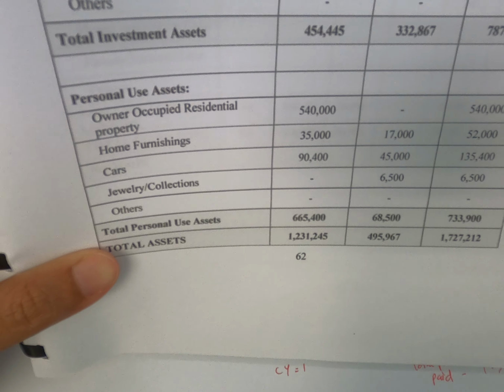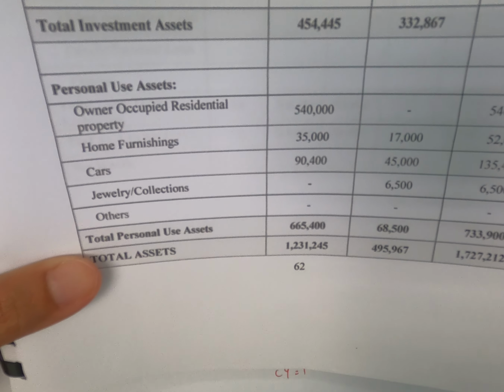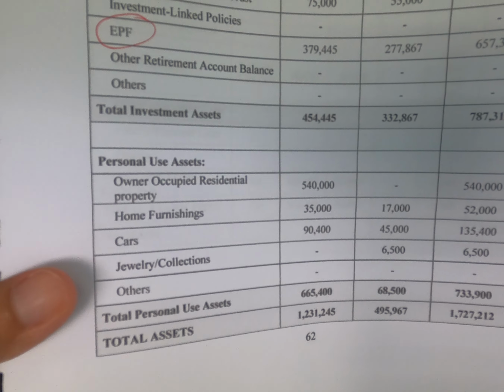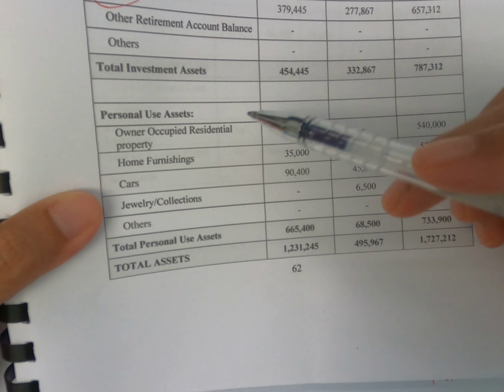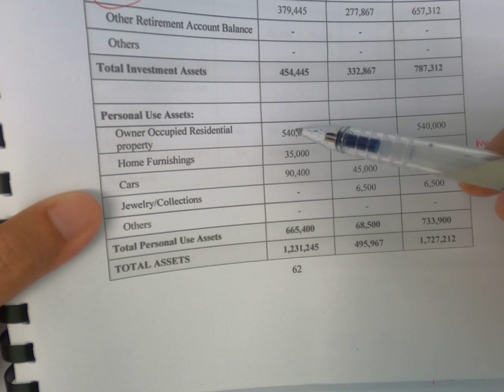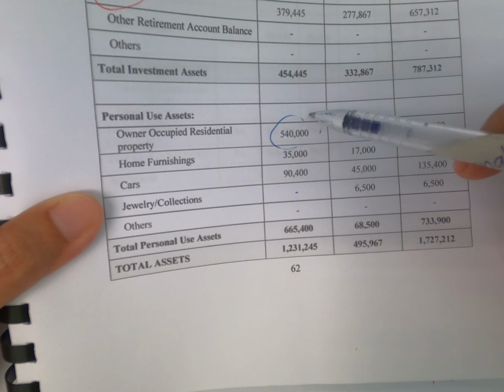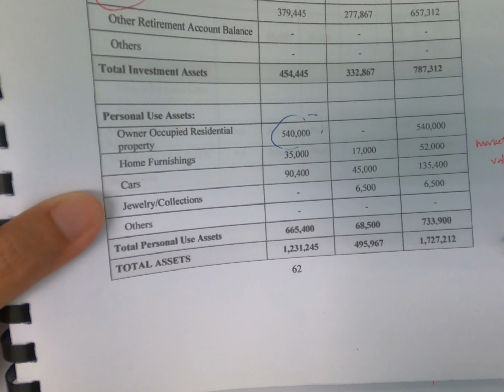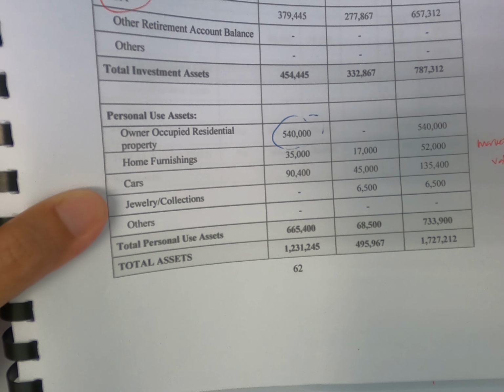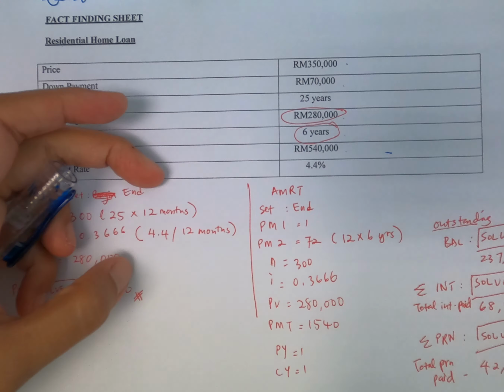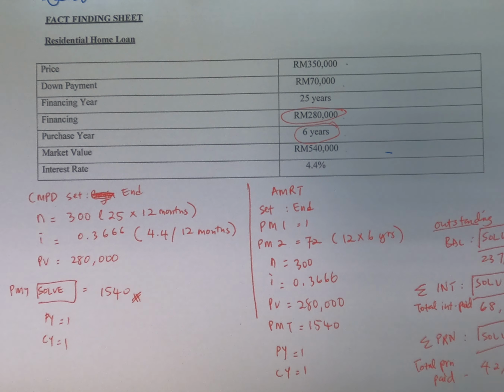Alright, so this is the fact finding sheet for net worth statement. You can see that the personal use asset, the owner occupied residential, is 540,000, and all of these elements are in the form of market value, okay, in the column of personal use asset.